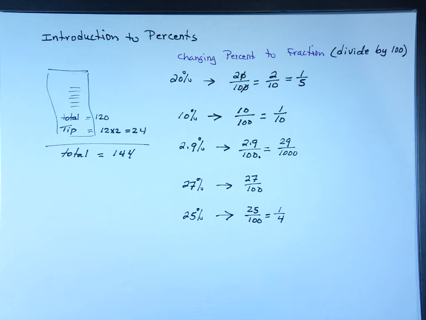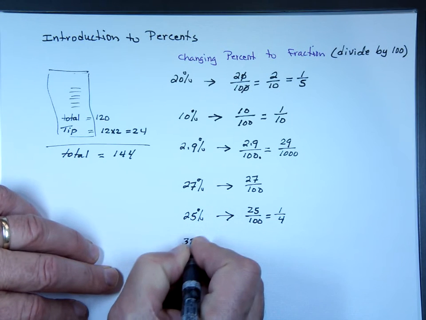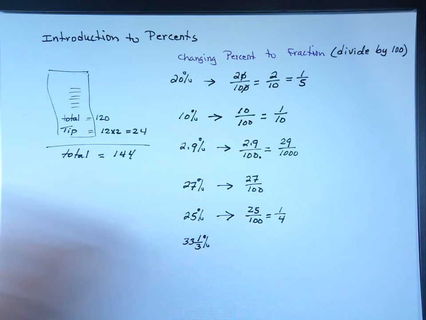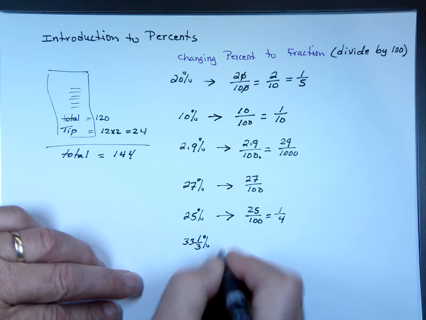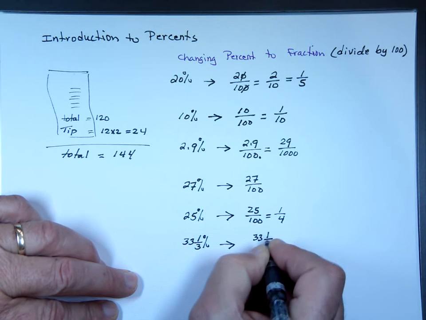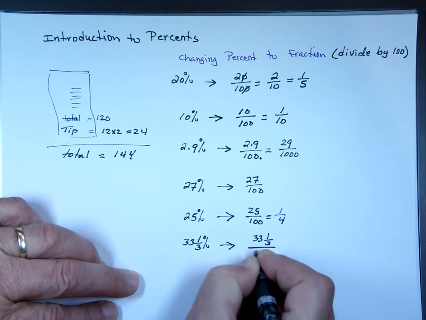The other number that you see a lot at Christmas time is 33 1/3% off. Anyone knows what that number is? Well, let's see. Let's change it to a fraction. 33 1/3 divided by what? 100.